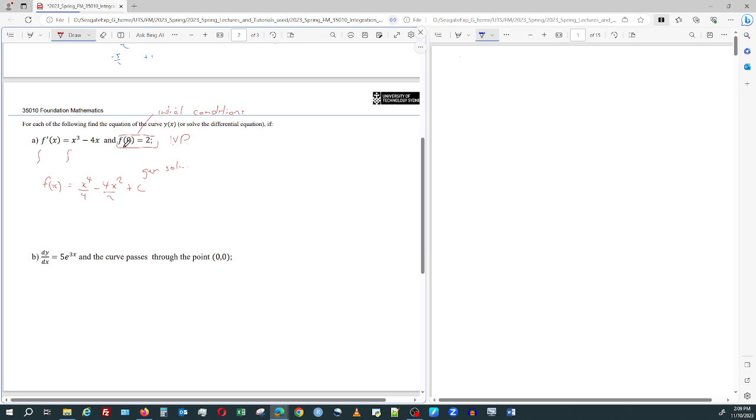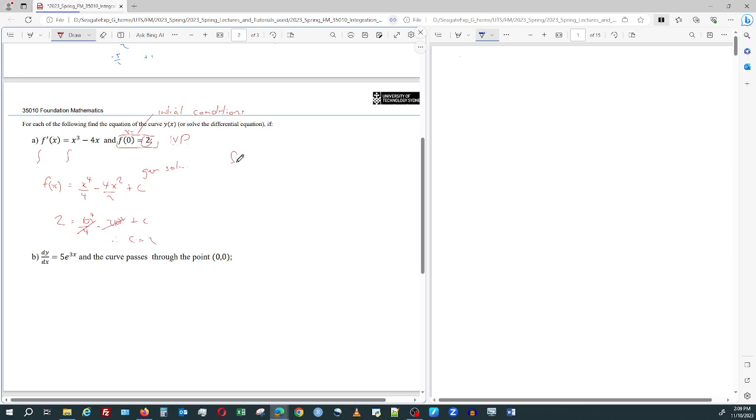Now the function value of our differential equation at x equals 0 is 2. So 2 is equal to 0 to the 4 over 4, minus 2 times 0 squared, plus c. And we can clearly see the other terms are not there. So therefore, c is equal to 2.